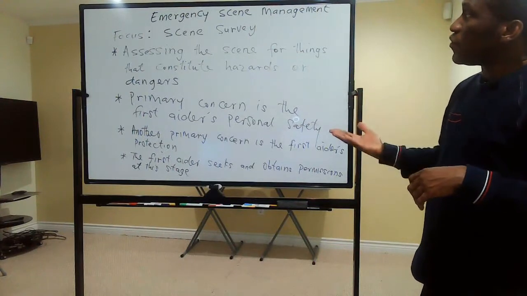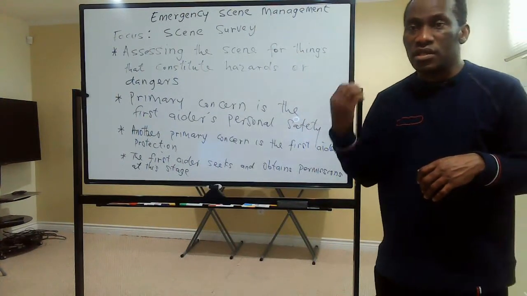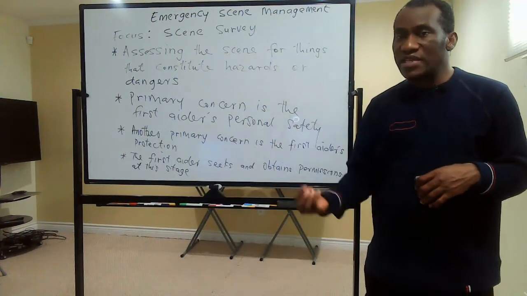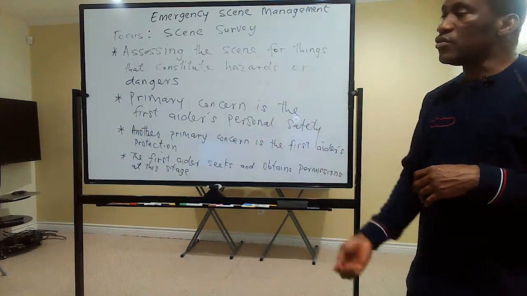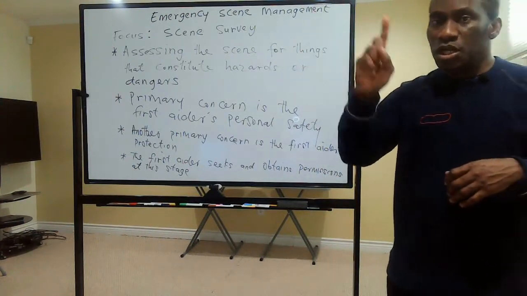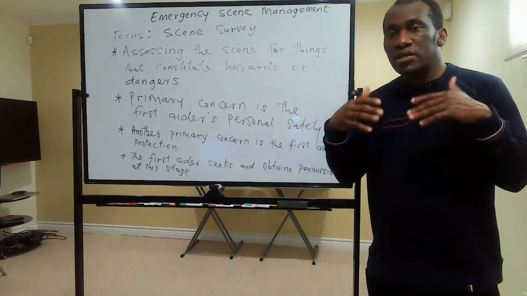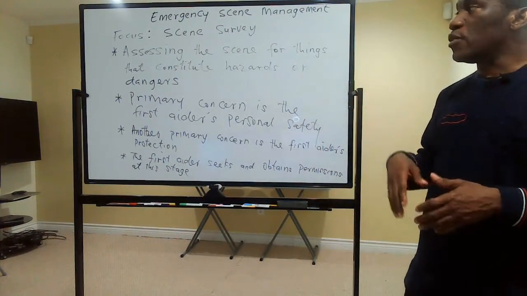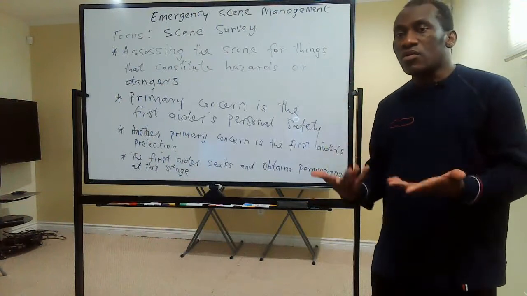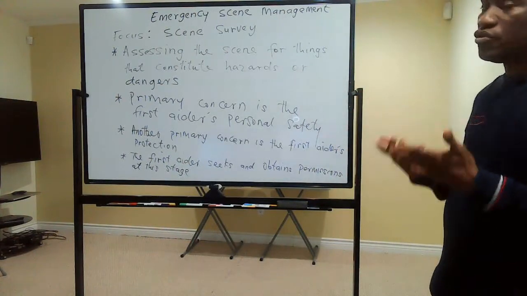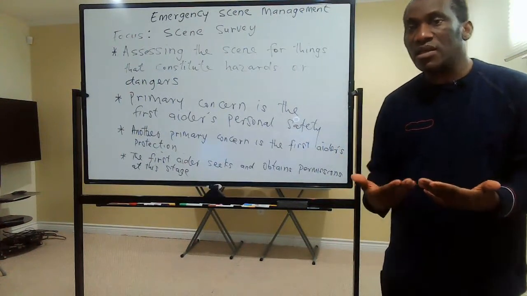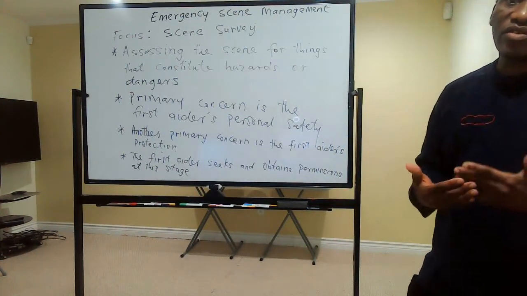Scene survey is the important first part when you do first aid. The very first thing you do is to check the environment where the emergency has taken place. You assess the scene for things that could cause harm to you, things that could constitute hazards or danger.